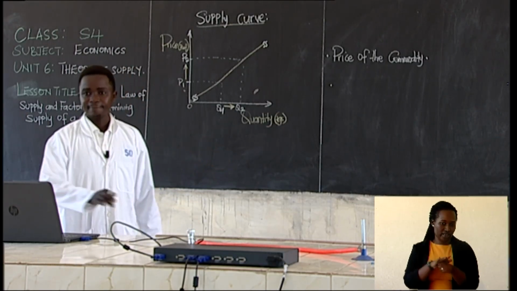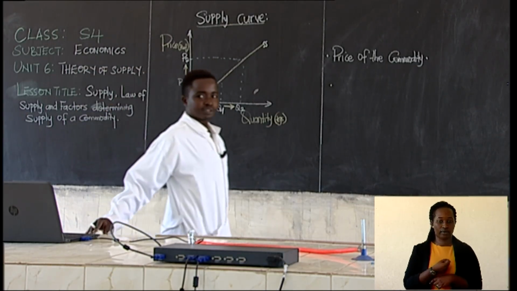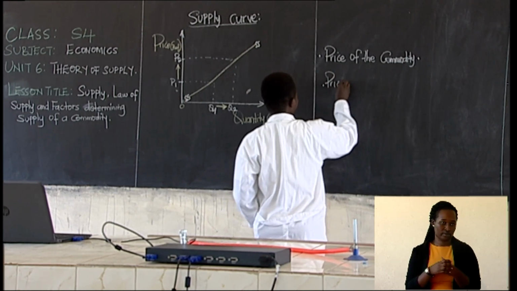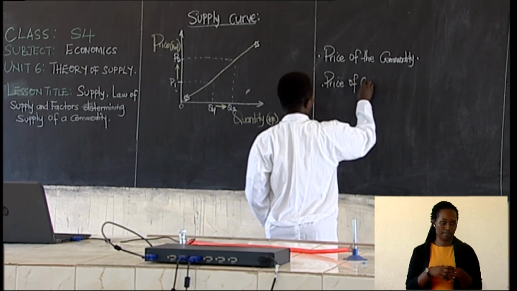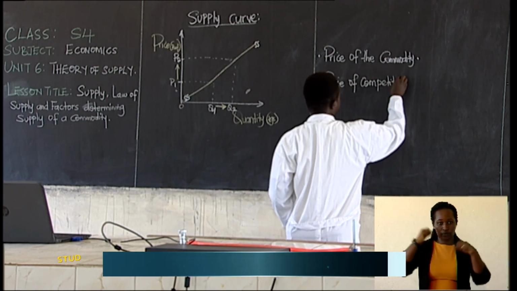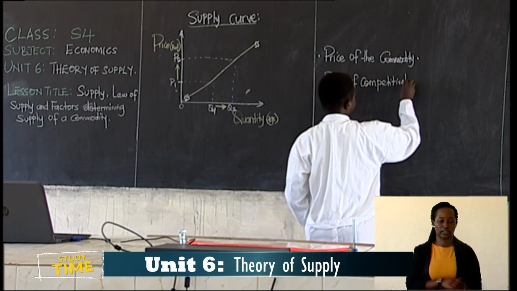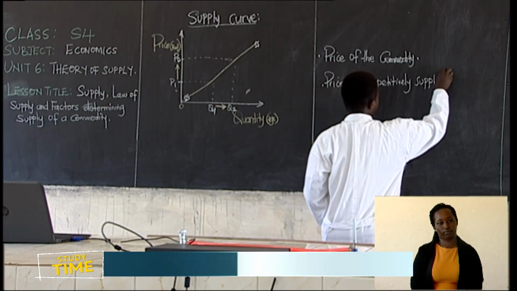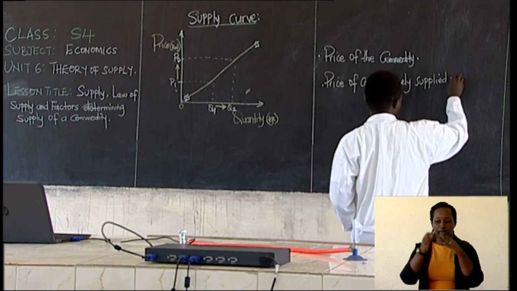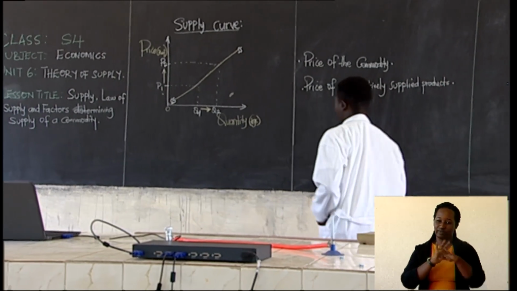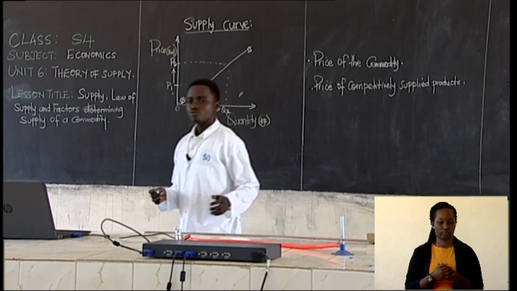Then we have price of competitively supplied products. How does this one affect the supply of a commodity?